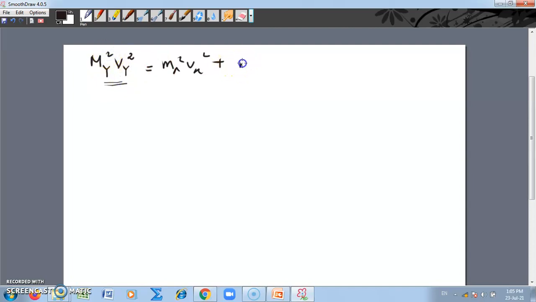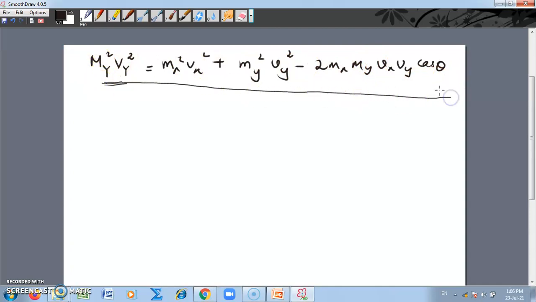Please do the correction. I don't know whether I had written it correctly, so please do the correction. This was the exact equation that we did after eliminating phi.